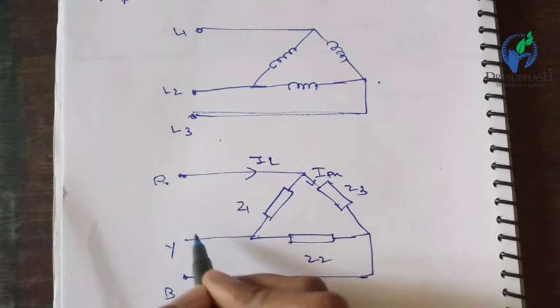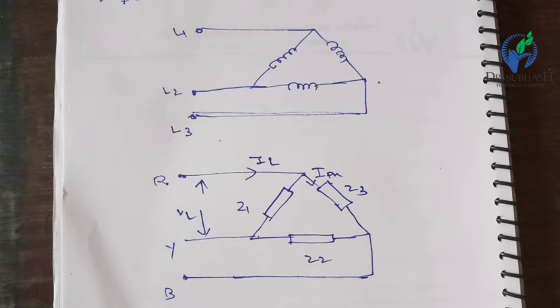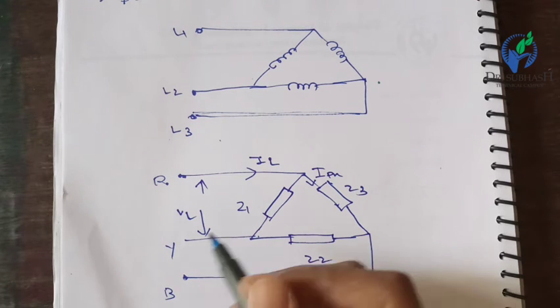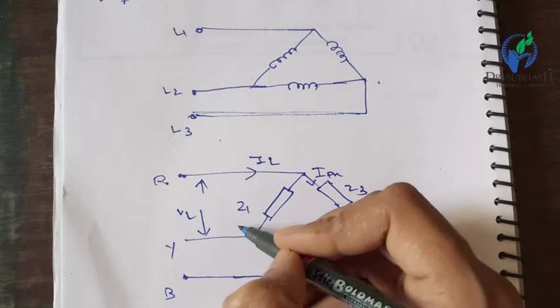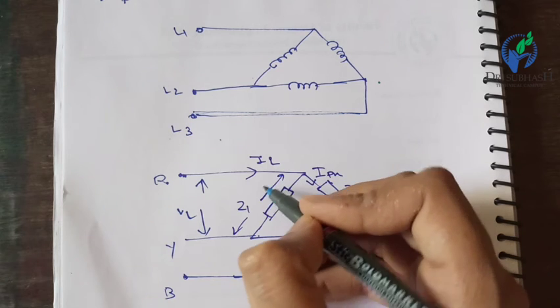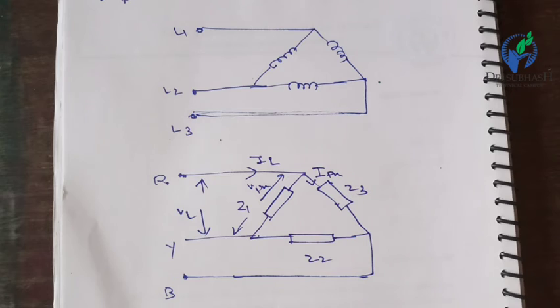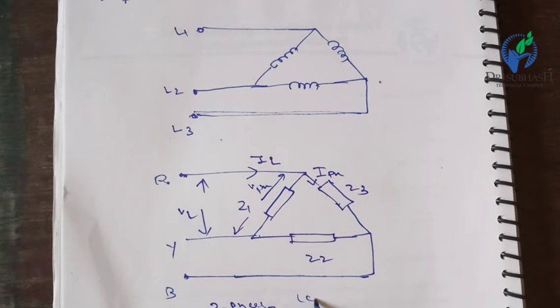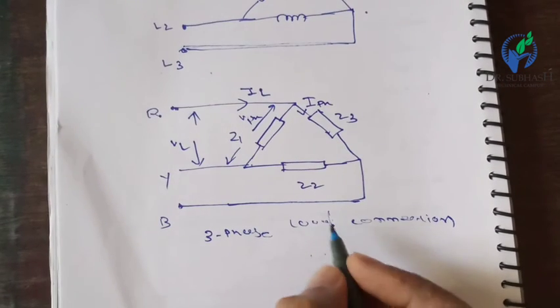The voltage between two phases is VL, and the load voltage between them is VPH, the phase voltage. This figure is known as the three phase load connection in delta.